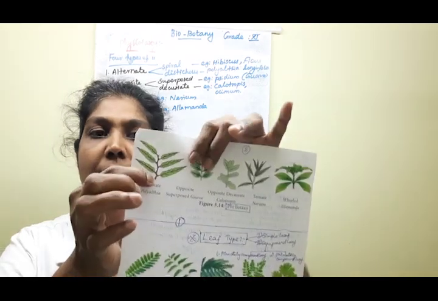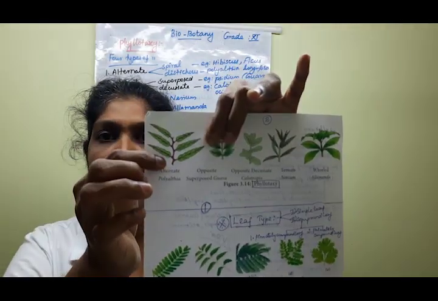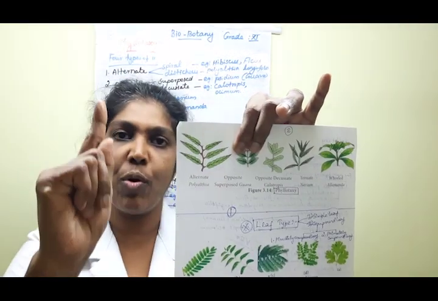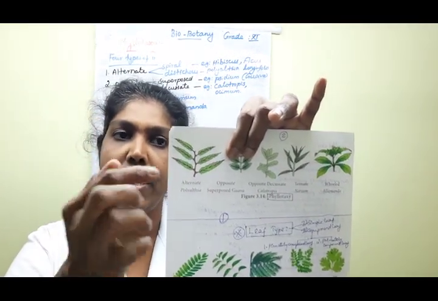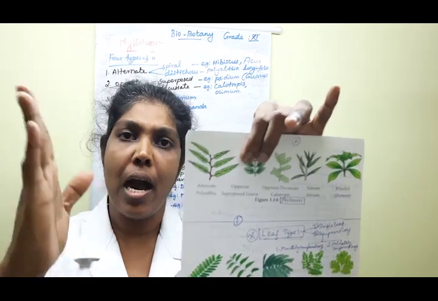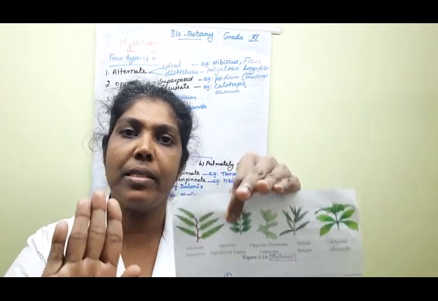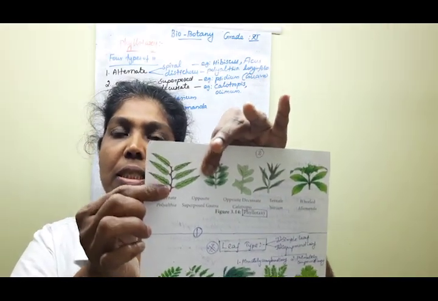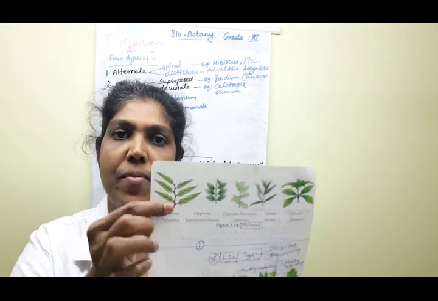See, this is the arrangement in this photo. Each nodal region has only one leaf arising, alternately, but always in the same direction. Clear, children? One good example of this is Polyalthea. Understood? First, that phyllotaxy type is over.